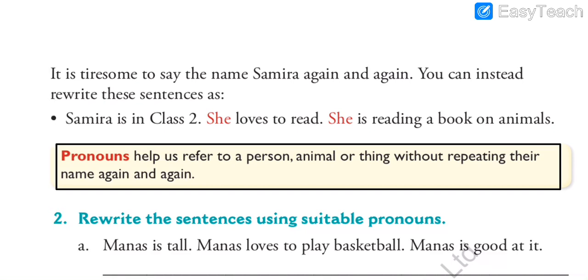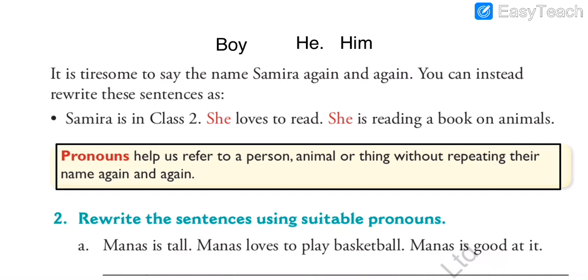Now what about a boy? You must be wondering, correct? So here, if there is any boy or a man, you can either use he or him, correct? He is an intelligent boy and he is talking to him.